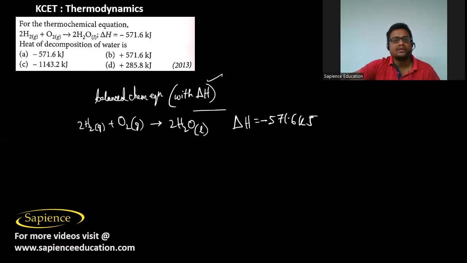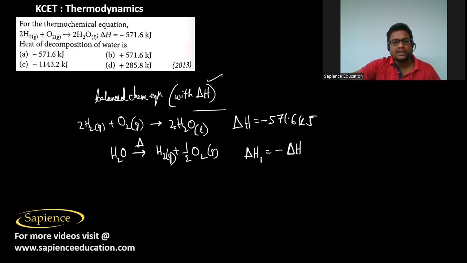Now the heat of decomposition of water is asked. We have to find the heat of decomposition of water, which means 1 mole of H2O should form 1 mole of H2 plus half mole of O2 in the gaseous form. The heat which will be absorbed, let's call it delta H1, will be, if we reverse this reaction, minus delta H. And since here 1 mole of H2O has been used, it will be half of this.